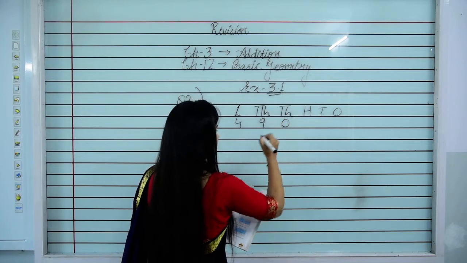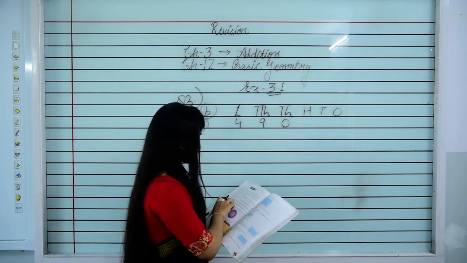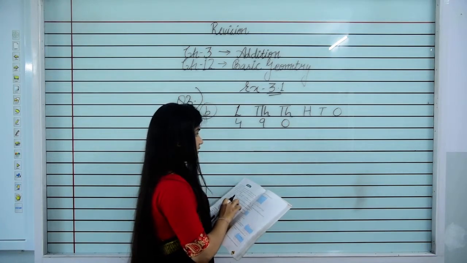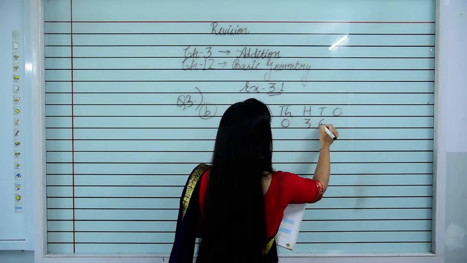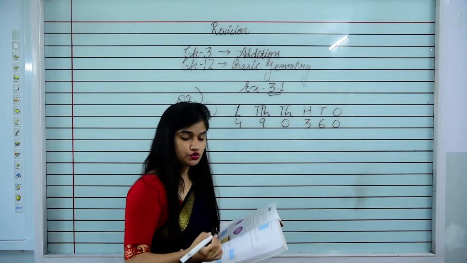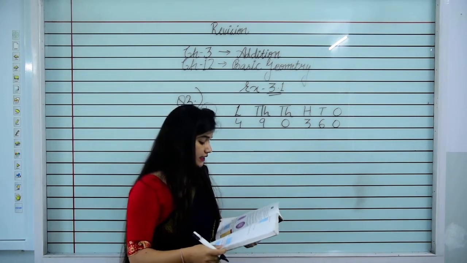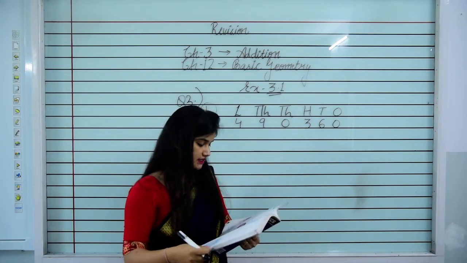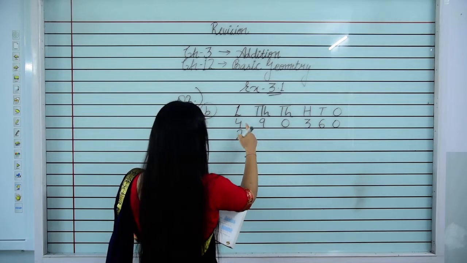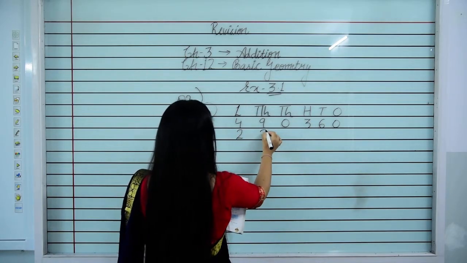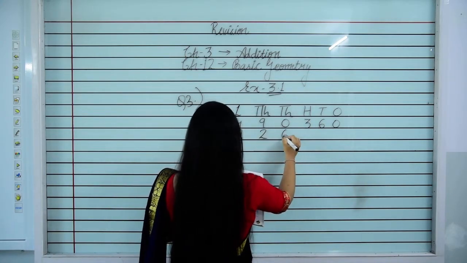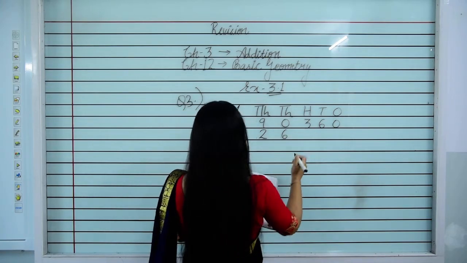So it will be 90,000 and 360. So this is 360. Understood, students? Now we take the next number, that is 2,26,000. So this is 2,26,000 and 784.